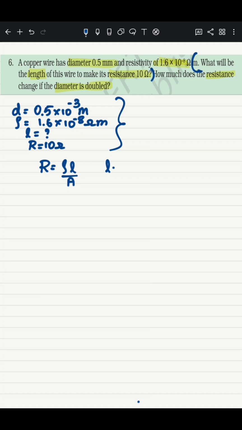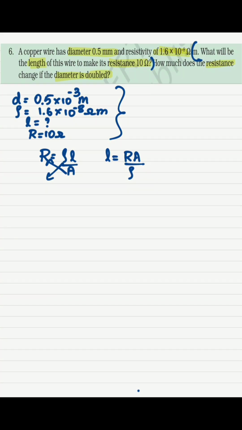I'll shift this A towards the left hand side, so I'll get L is equal to RA, and I'll shift this rho downwards, so it will be RA by rho. The value of R we know, the value of rho we know, but we don't know the value of A. So if you see, the diameter is similar to your circle, so we'll use the area of circle, that is A is equal to pi r square.